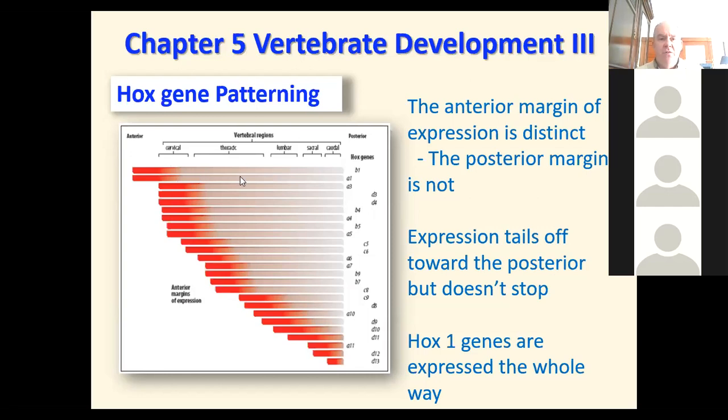And as you go further and further back, you get all the way to the tail and all the genes are on, and 13 just turns on for the tail section, okay? So position in the body is based on how many of those Hox genes are turned on. At the beginning, you've got only the 1s, and towards the end, you've got all of them on, and 13 coming on last.